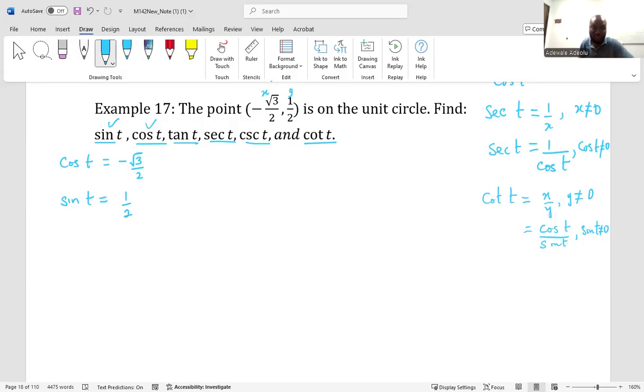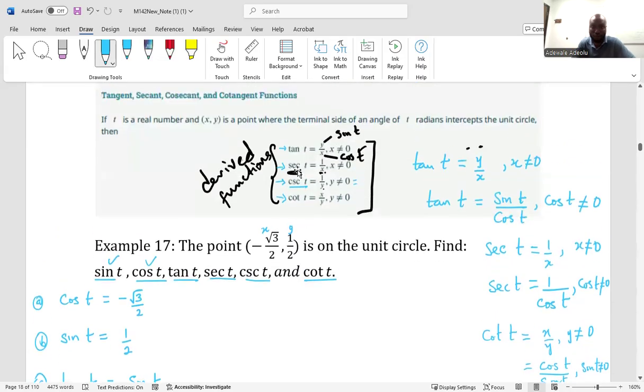Now, the next one, tangent. Let's say A, B, C. Tangent of some angle is sine of that angle over cosine of that angle, or you use, yeah, tangent of t is y over x, which is sine t over cosine of t.